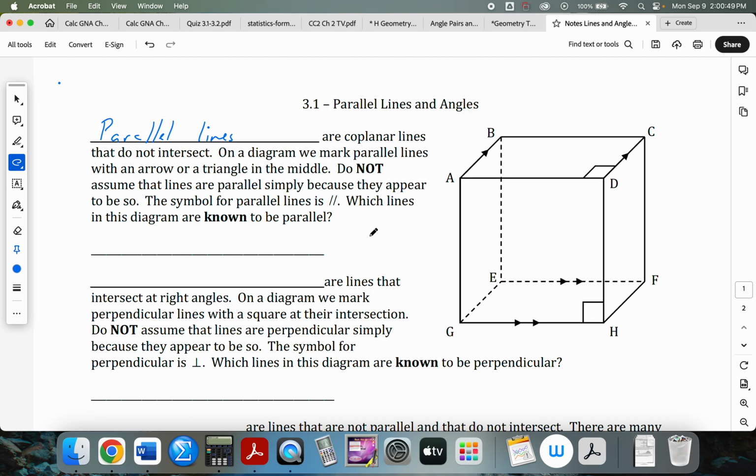Now, in this diagram, which lines do we know are parallel to one another? Well, we see that these two are both marked the same way with an arrow in the middle. So line AB is parallel to line CD.